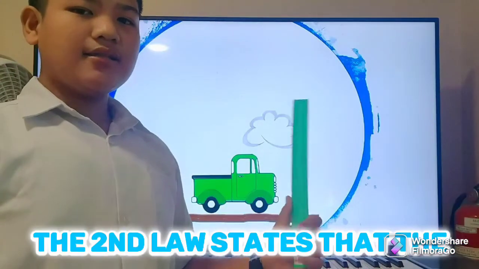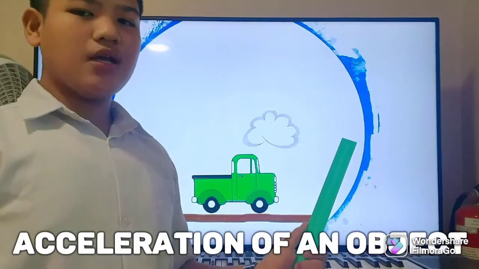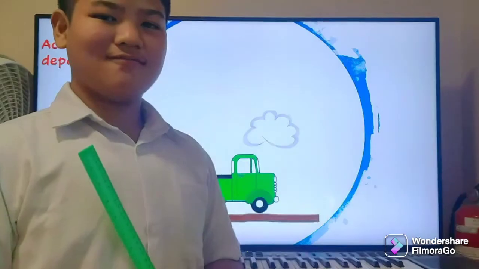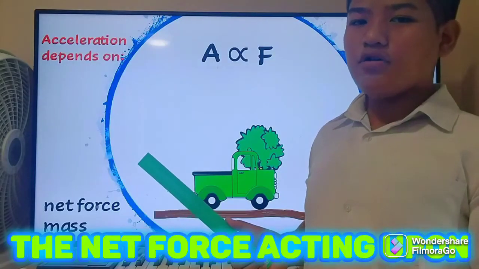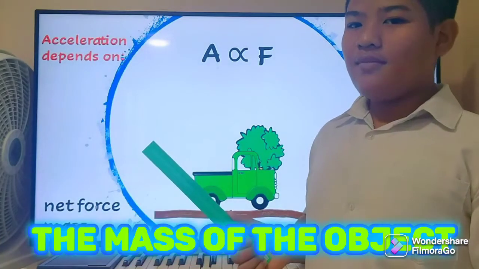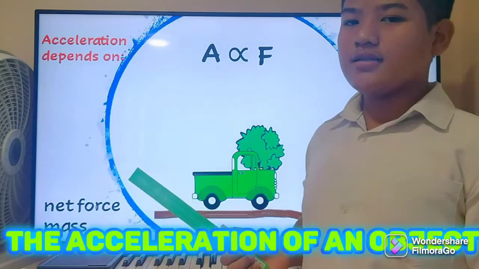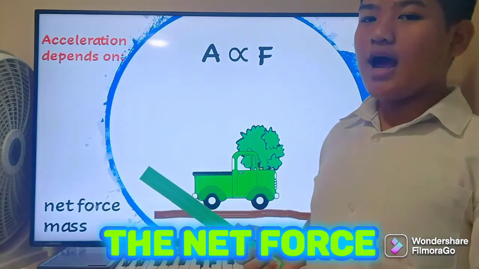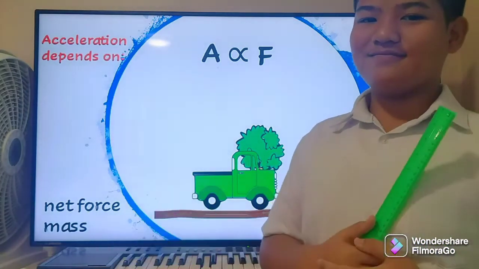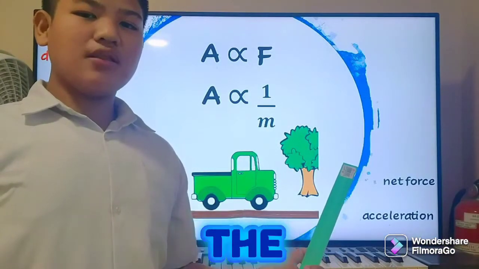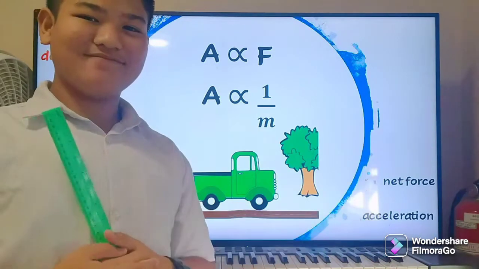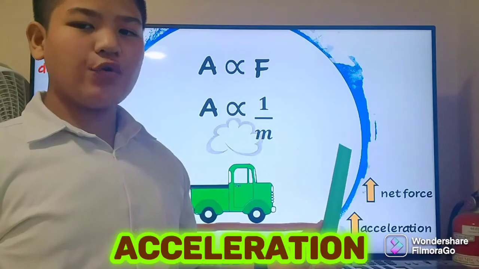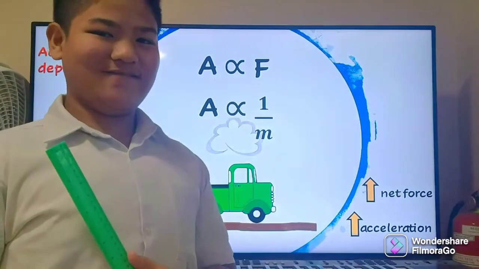The second law states that the acceleration of an object is dependent upon two variables: the net force acting upon the object and the mass of the object. So the acceleration of an object depends directly upon the net force acting upon the object and inversely upon the mass of the object. As the net force increases, the object's acceleration will also increase.